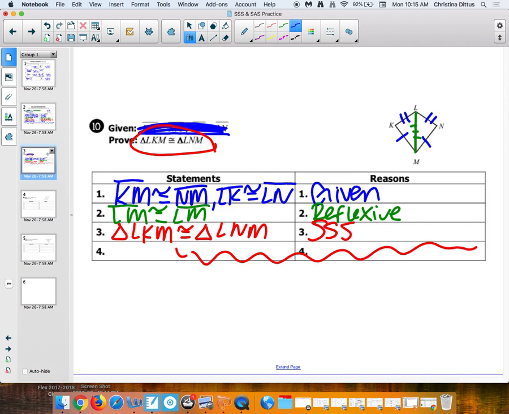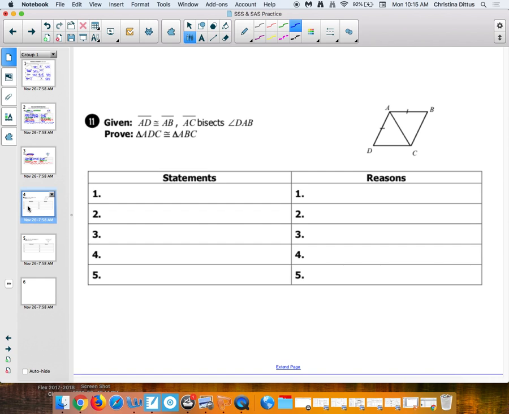No? Okay. First line, always given. AD is congruent to AB, and AC bisects angle DAB.